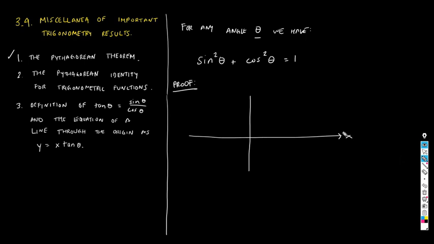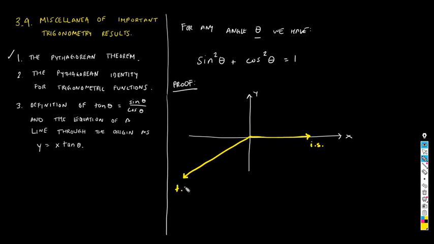I draw my Cartesian plane. I'm going to draw any angle in standard position. This is the initial side, and now I'm going to draw the angle so that it ends in the third quadrant, because I always do it in the second quadrant, right? Or the first. Now I'm going to go into the third quadrant.